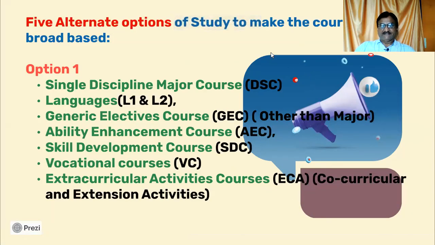Each option consists of combinations of various types of subjects, and let us discuss these 5 options one after the other. These 5 options are applicable to all types of 4-year honors degree courses.